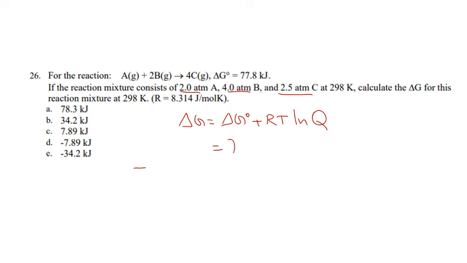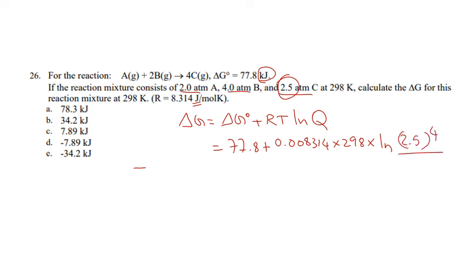So delta G naught 77.8 plus R, which is in joules while this is in kilojoules, so I am going to convert that into 0.008314, and the temperature is 298, and log Q will be C to the power 4, where C is 2.5, to the power 4, divided by B, and I have B 2 times, so B is 4, so 4 to the power 2, times A, which is 2 and 2.